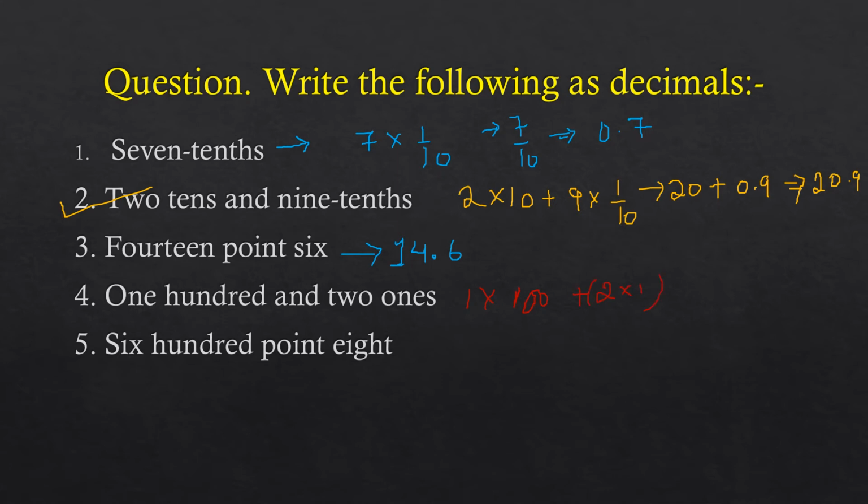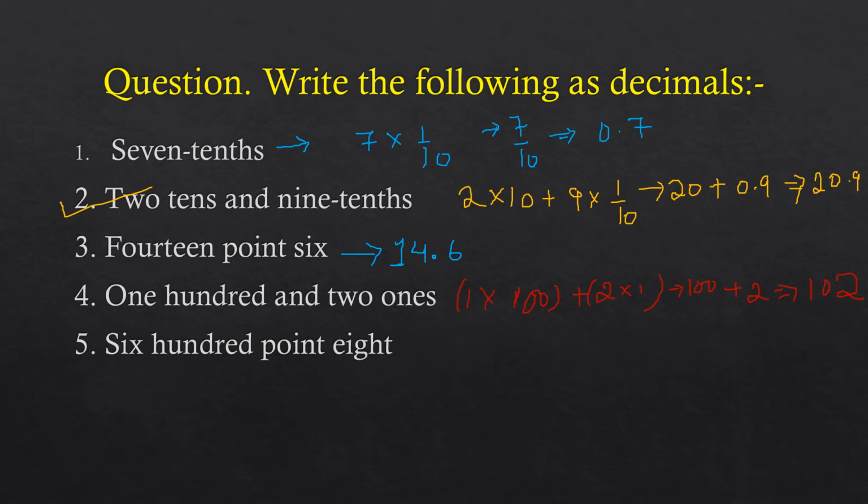According to BODMAS, we first do the multiplication and then the addition. 1 into 100 gives us 100, and 2 into 1 gives us 2, and 100 plus 2 is equal to 102, right? So this is the answer for this one.